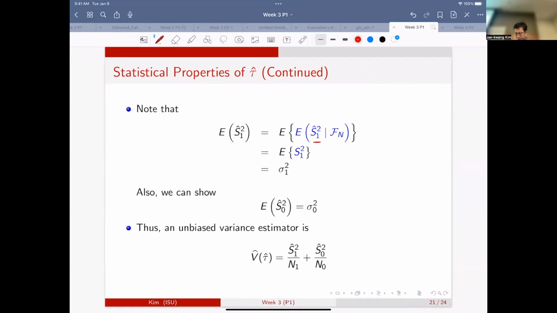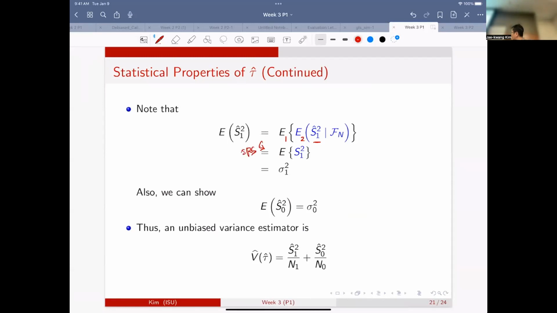And then this is essentially 1 and 2, right? So phase 1 and phase 2. Phase 2 is essentially a simple random sampling. So in our previous lecture we have already shown that sigma 1 hat square is unbiased.